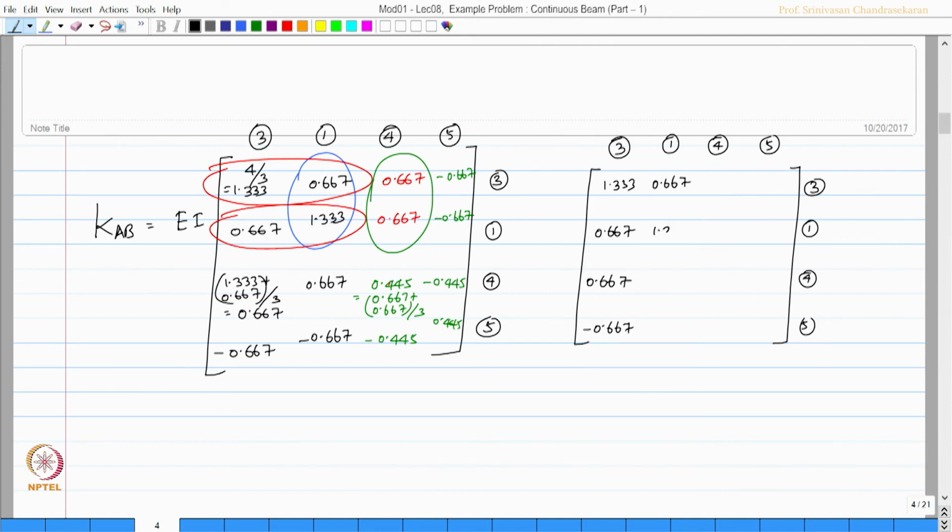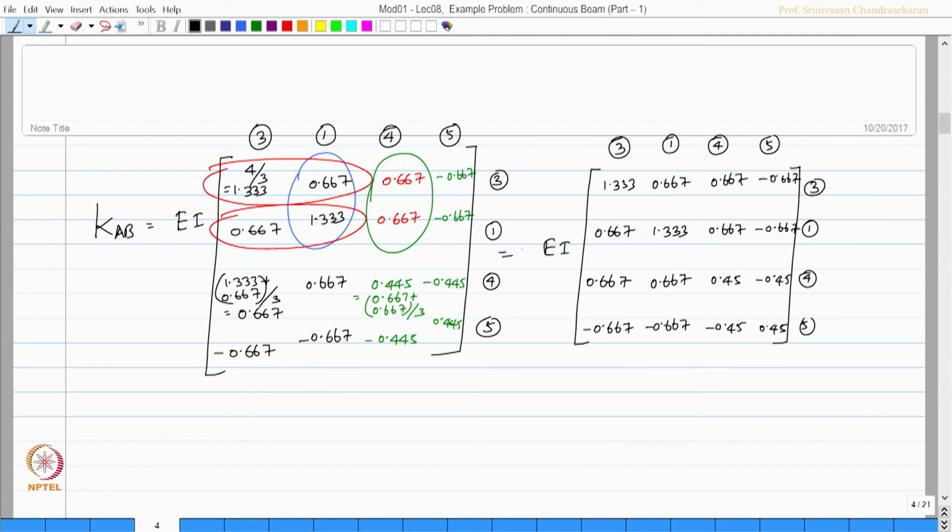The second row is 0.667, 1.333, 0.667, minus 0.667. The third row is 0.667, 0.667, 0.45, minus 0.45. The fourth row is minus 0.667, minus 0.667, minus 0.45 and 0.45. So, I have KAB as this.